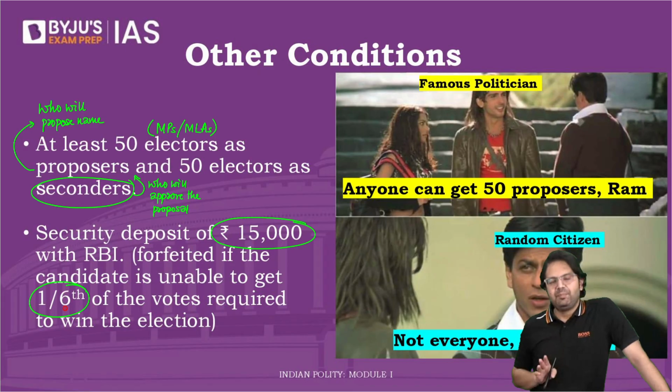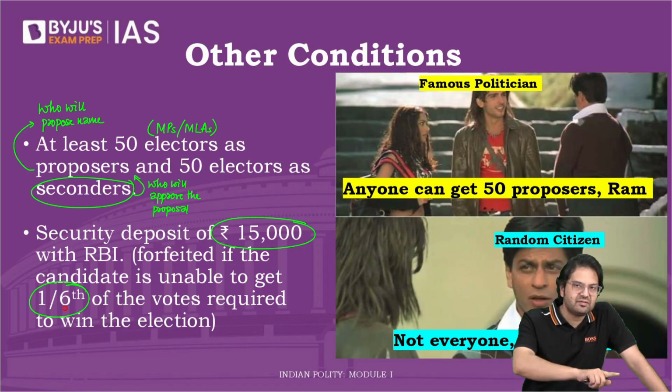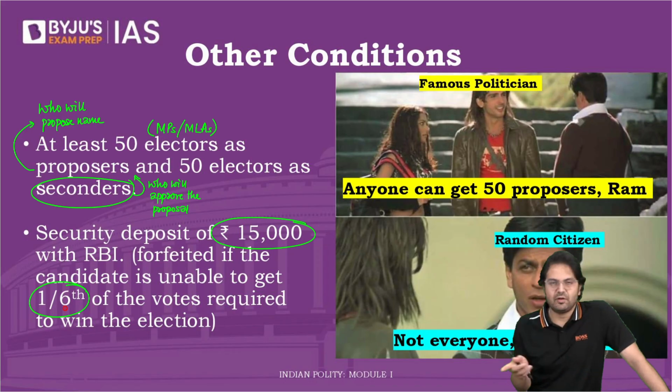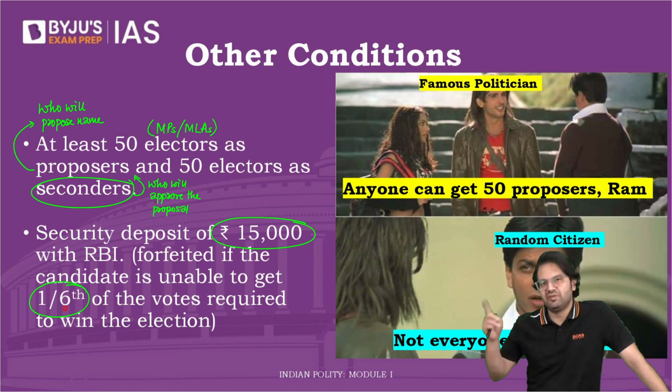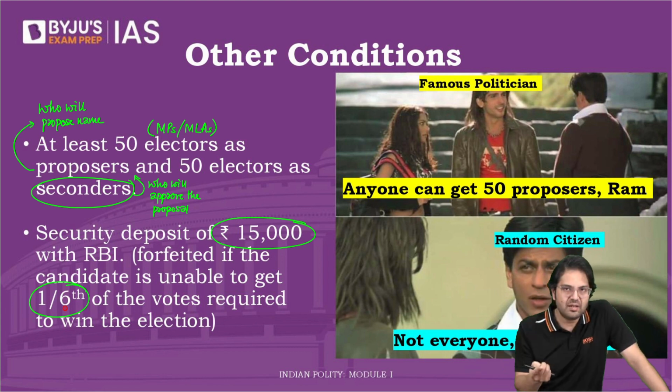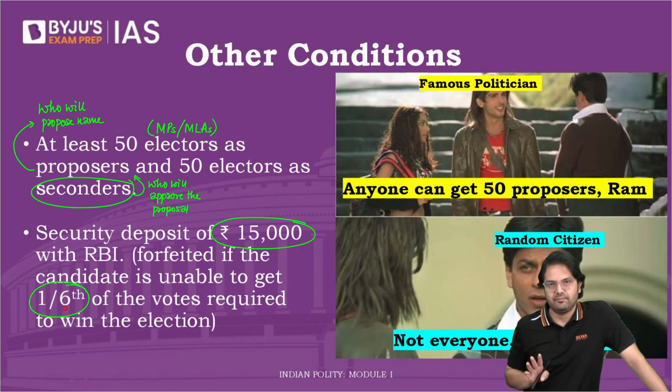I'll repeat it again, the fourth, fifth time, that every MP or MLA can become only a proposer once or a seconder once, for only one person. If you have proposed somebody's name, you cannot be anybody else's proposer or seconder. If you second somebody's name, you cannot be anybody else's proposer or seconder. Clear?